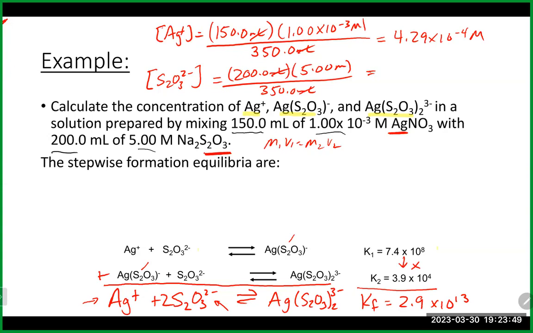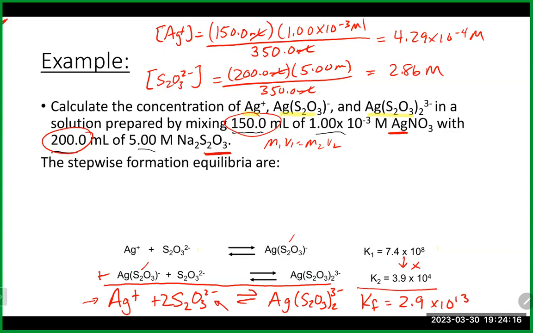That's 200 times 5 divided by 350. Looks like 2.86 molar. Any questions on how to get those concentrations? Again, the 350 is the 150 plus the 200 that was mixed together. Questions on that?